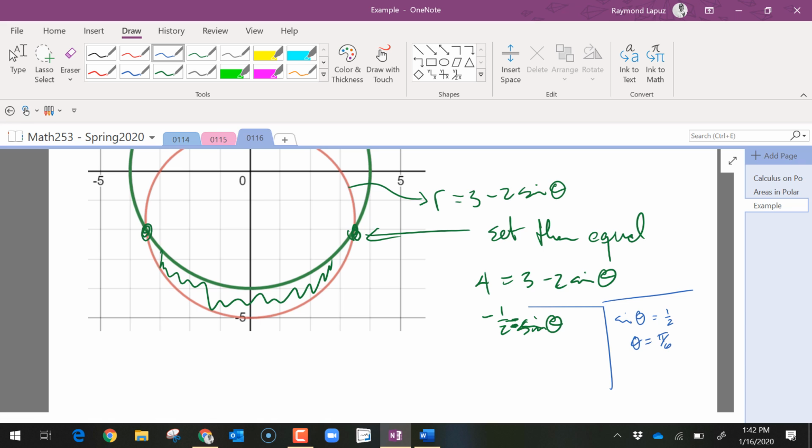Sine's first, cosine second. Square root of 0 over 2, square root of 1 over 2, square root of 2 over 2, square root of 3 over 2, square root of 4 over 2. That's how I remember my sines. So 0, this is 1/2, root 2 over 2, root 3 over 2, and this is 2 over 2, which is 1. So I just remember root something over 2. That's my sine. My cosine is backwards.